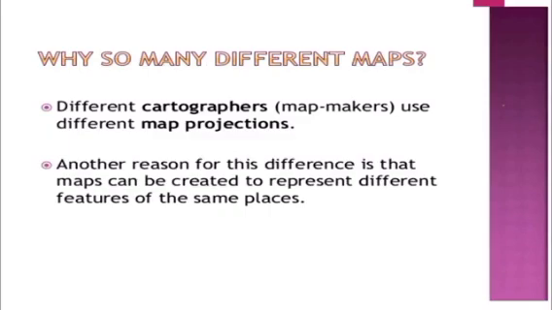Why so many different maps? Different cartographers. Here, cartographers means map makers use different map projections. Another reason for this difference is that maps can be created to represent different features of the same places.